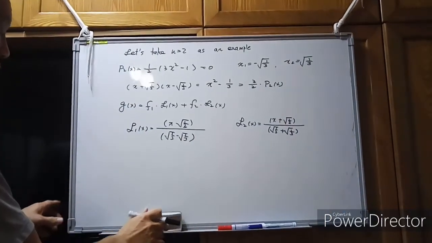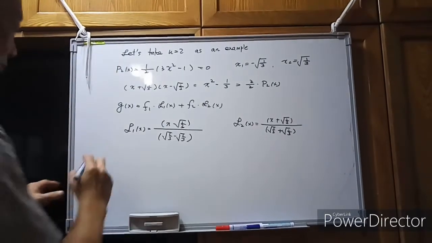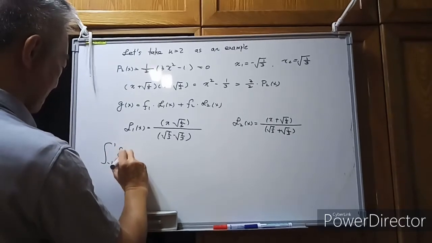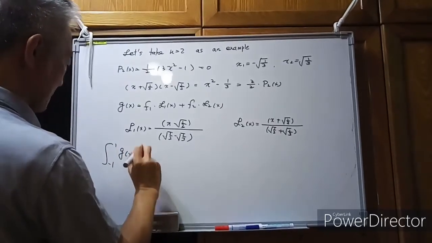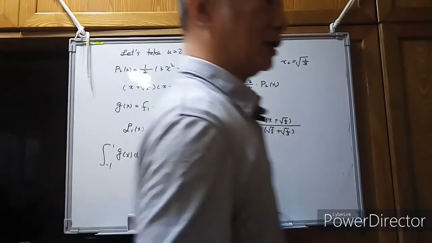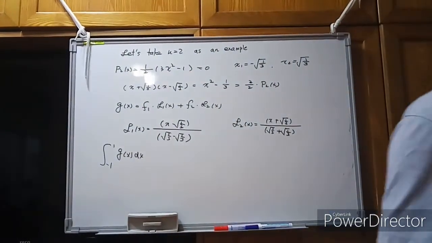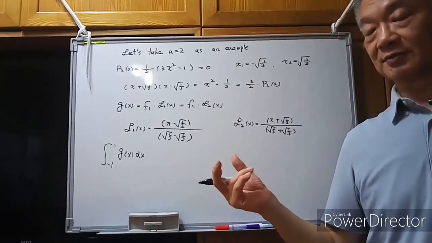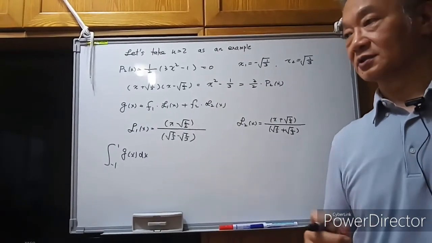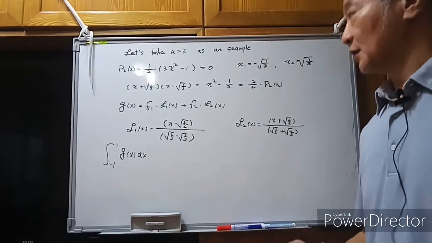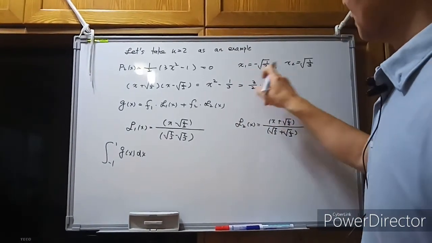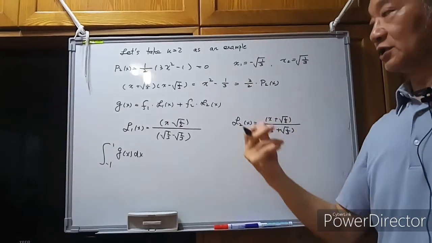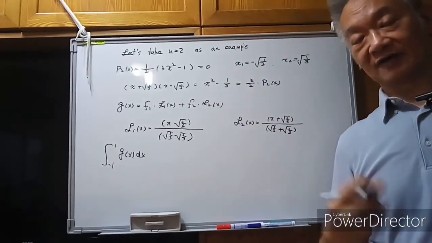If we use the Gaussian quadrature to solve the problems, we will integrate the approximate function g of x. And the g of x is established from the two data points, and right now the two data points are located at these two points. And we need to calculate the f1 and the f2.